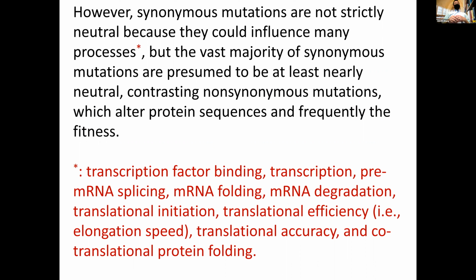People have found that rare codons tend to appear between domains. The idea is that a rare codon between domains would pause the translation, and this gives time for the folding of the already translated part of the protein. So if there is a mutation there, that could affect co-translational protein folding.